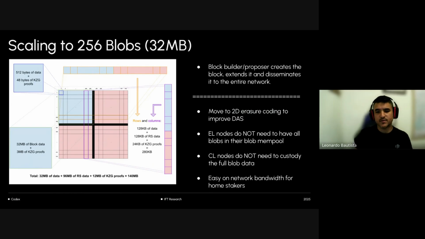Once you have 2-dimensional erasure coding, you have way more ways to recover the data than if you have only 1-dimensional erasure coding. Basically, with 1-dimensional erasure coding, if you lose this data here, the plus 1 cell, you will not be able to recover this blob. So if you have 50% plus 1 erasures, you will not be able to recover.